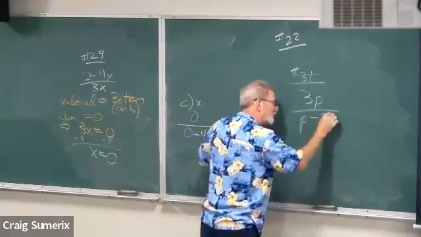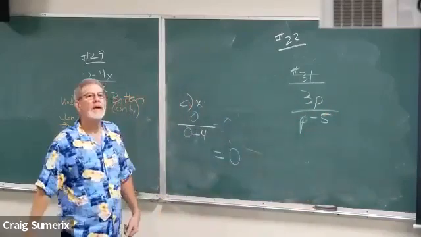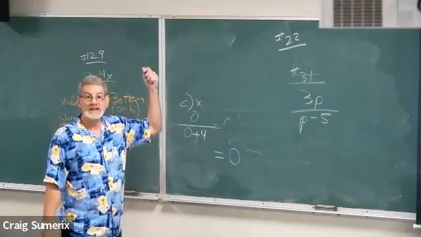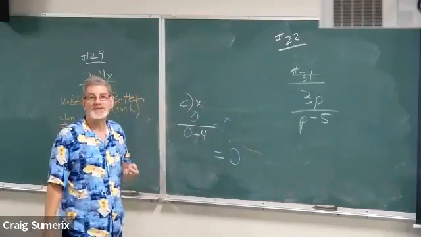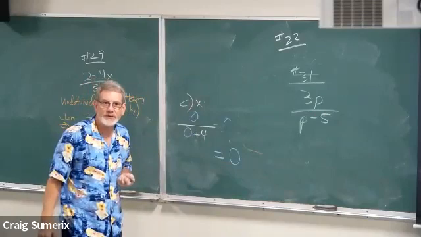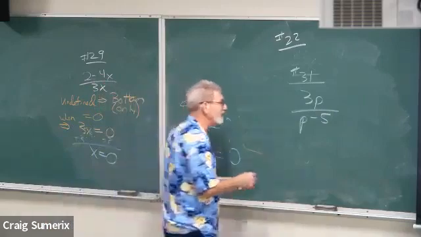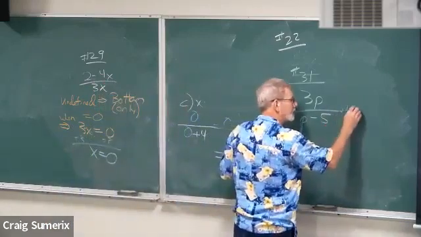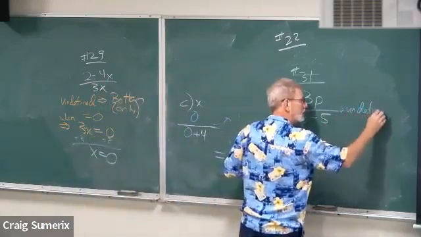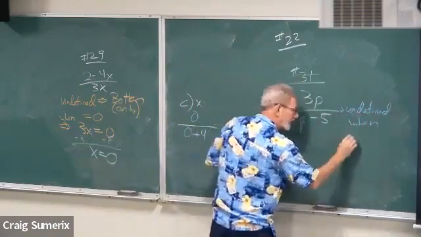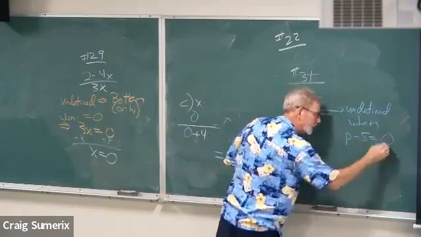How about this one? What would make the rational expression, in other words, the fraction, undefined? When is this undefined? When p minus 5 equals 0.